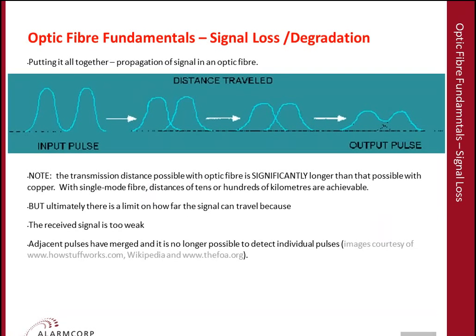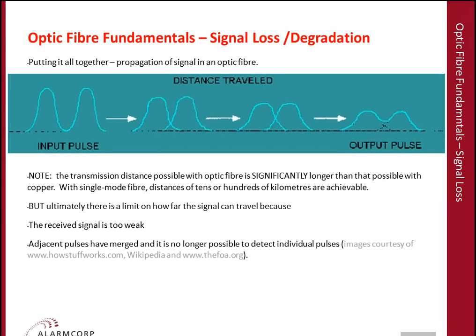Okay, again we see here that when you have an input pulse, as it travels down the fiber, the pulse gets weaker and adjacent pulses get smeared together. Now, having said that, remember, the transmission distance that's possible with optic fiber is significantly longer than is possible with copper.